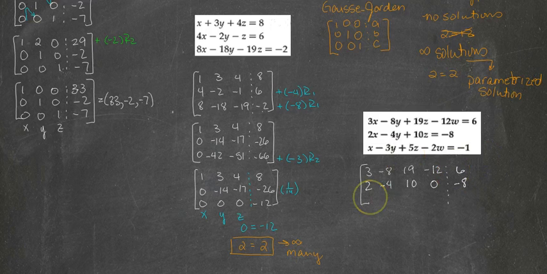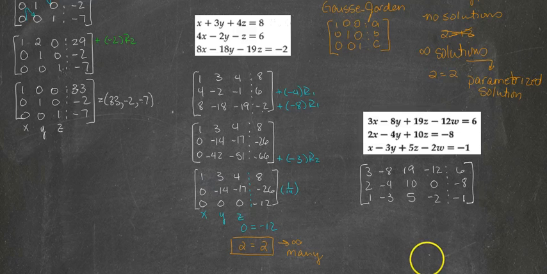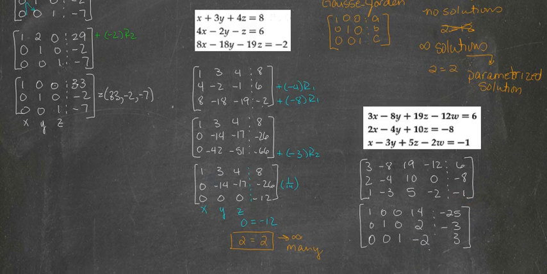And for the last row, I get 1, negative 3, 5, negative 2, and negative 1. All right, and if I go ahead and finish this out, which I'm about to do, you'll see the answer pop up. There it is.